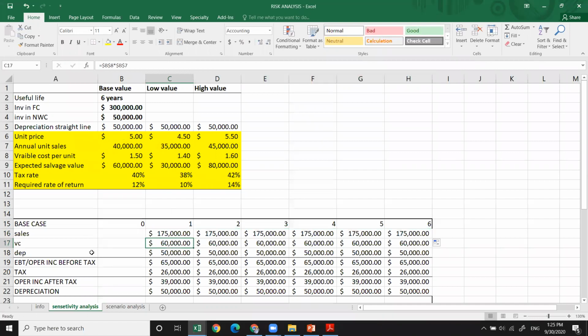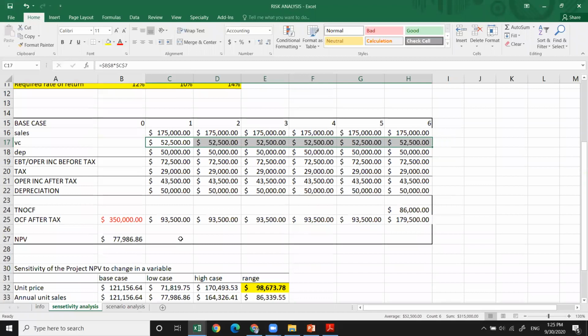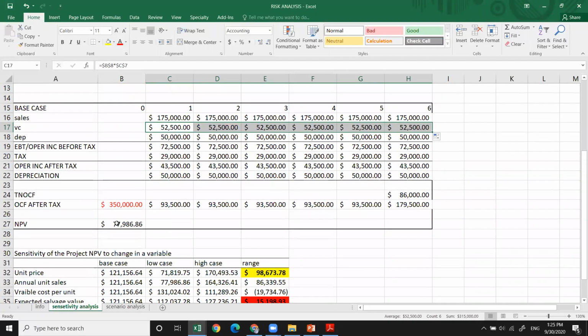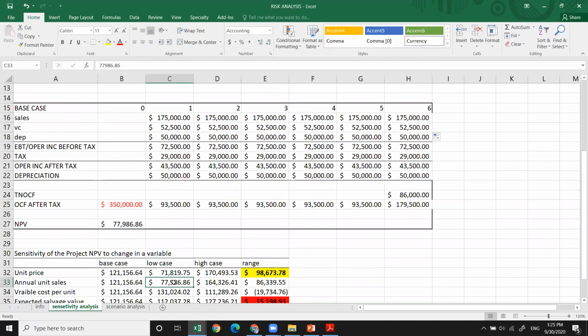And of course, my variable cost will change because the annual unit sales is not 40, but 35. So you can see my new NPV here. I put this NPV here when the annual unit sales change.